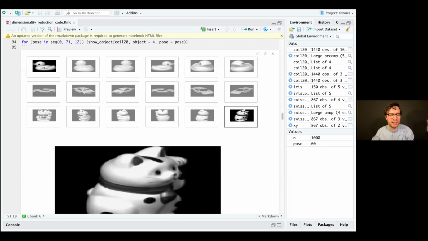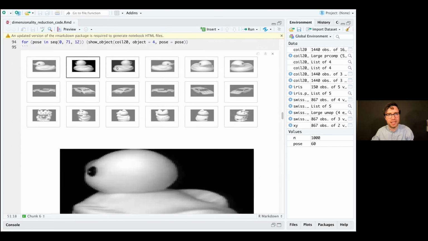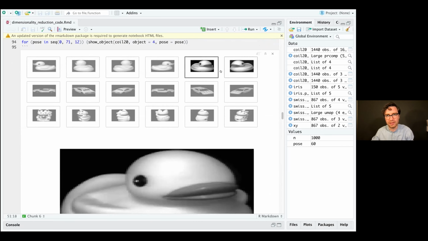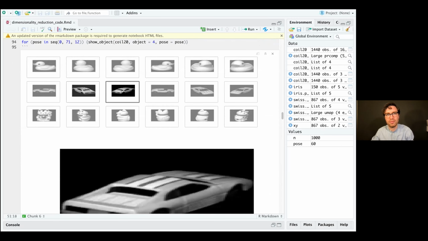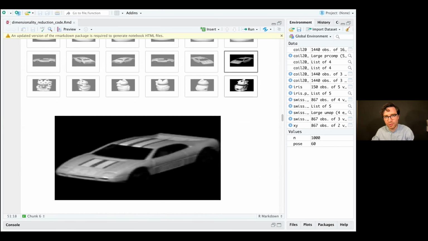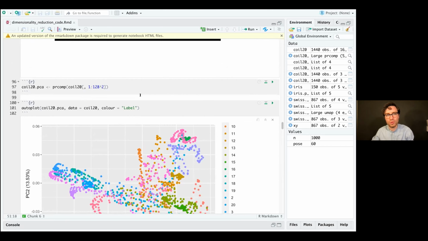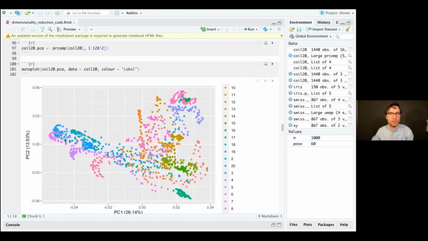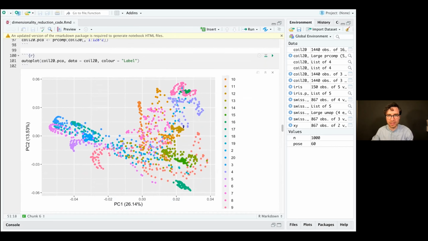So this is an image data set where images were collected of different objects and they are rotated, right? And now you can again do a vector representation of these images, do a principal components analysis, and this is what the plot looks like now. The colors represent different objects, and the dots of the same color are then pictures of the objects at different angles.